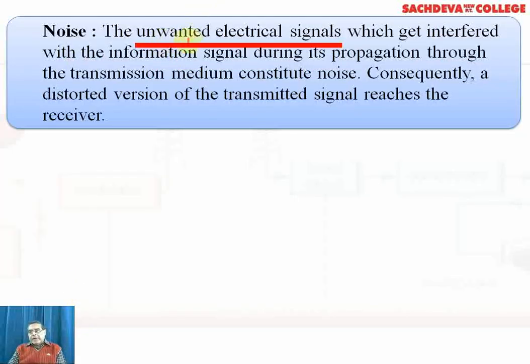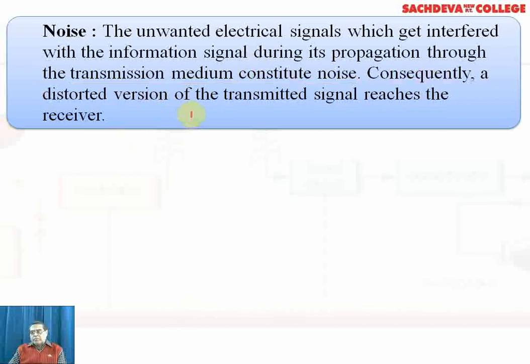The unwanted electrical signals which get interfered with the information signal during its propagation through the transmission medium constitute noise. So whenever we make communication, there can be production of noise, and it has to be removed also. So we use a different technology for that.